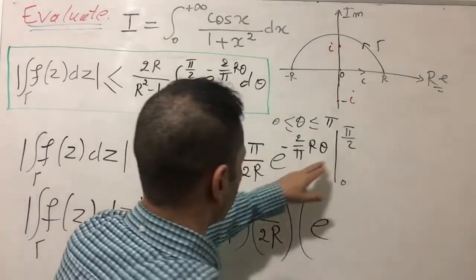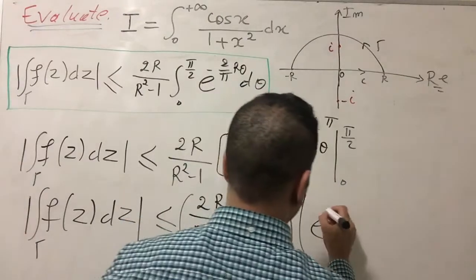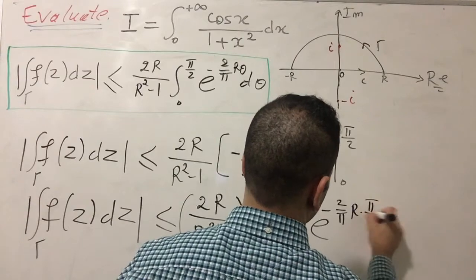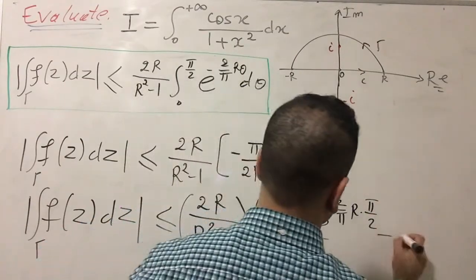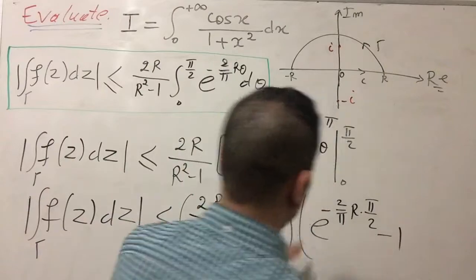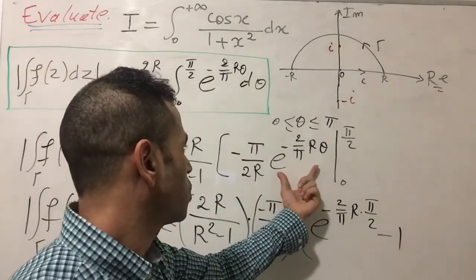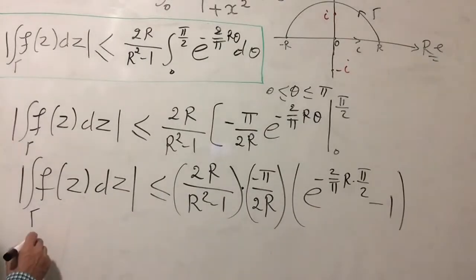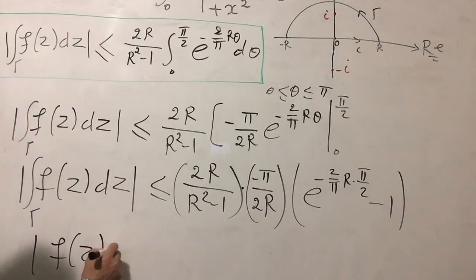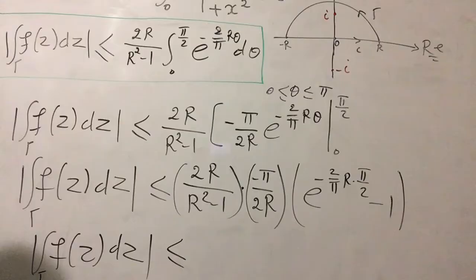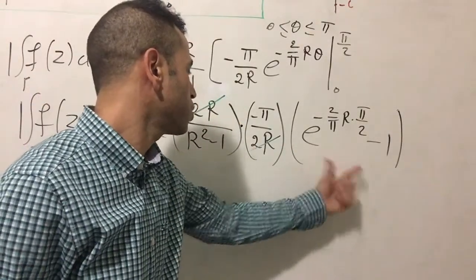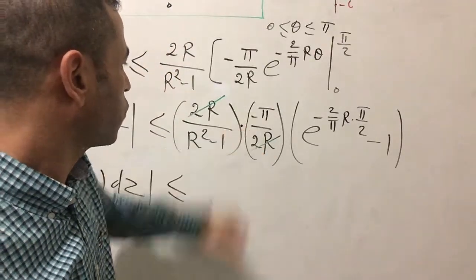So I'm going to insert pi over 2 into theta, so we'll have minus 2 over pi r times pi over 2, minus 1, because if you plug 0 into theta, this term will be equal to 1. So I will have this integral of f of z dz over gamma is inferior or equal, so I'm going to cancel out r by changing the order of these terms and taking off the minus sign from the front.